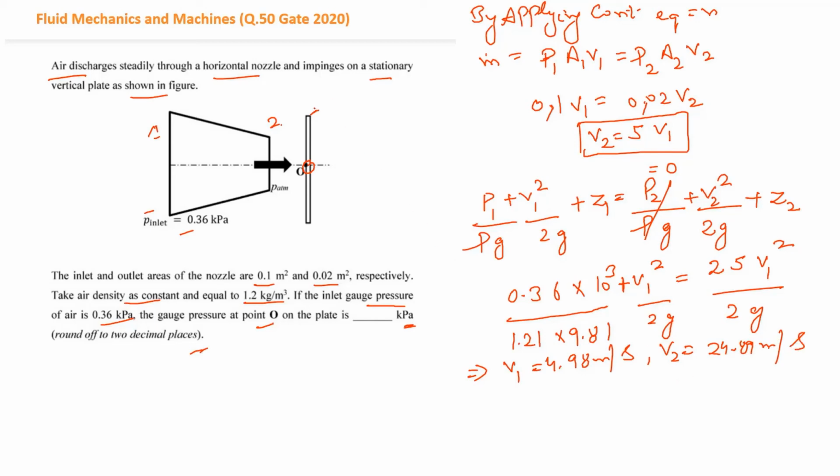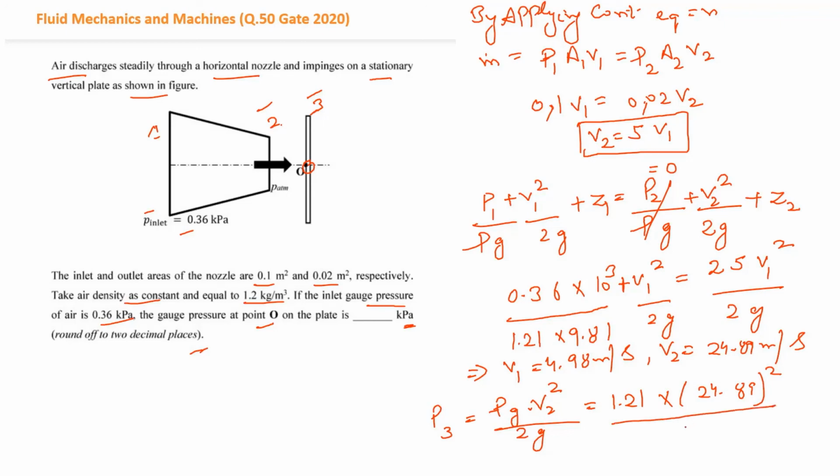Now this is our point 3. If we apply Bernoulli's equation between point 2 and point 3, similarly we get P3 equal to rho g into V2 square divided by 2g, which is equal to 1.2 multiplied by V2, which is 24.89, squared, divided by 2.